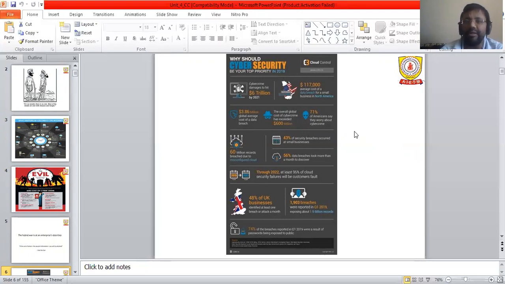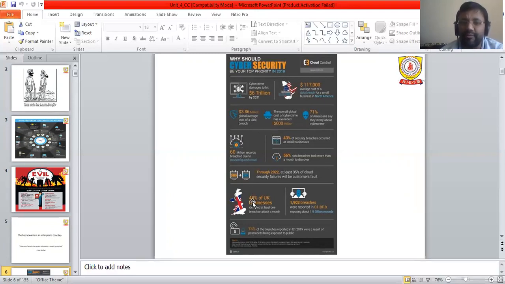Cyber crime damages are expected to hit around $6 trillion by 2021, and there is around $117,000 average cost of data breaches for a small business in North America. This survey was taken in 2019. The global average cost of a data breach is $3.86 million.